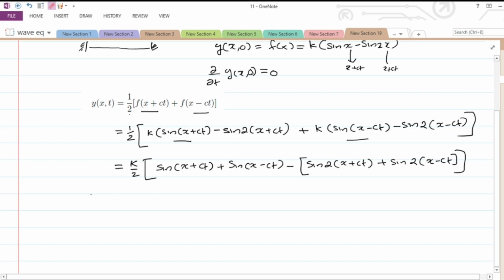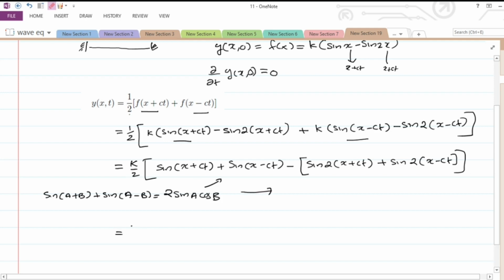Now we can use the formula sin(a plus b) plus sin(a minus b) is equal to 2 sin a cos b. We can apply this in both these terms.